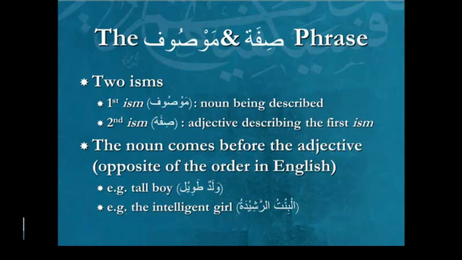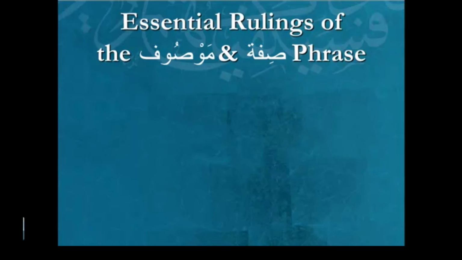So apart from knowing that the order is inverted, okay, that the noun that's being described is at the front and the adjective that does the description is delayed, the next important piece of information you need to know is that the 2 will correspond in 4 aspects. And that's it. Once we know these 4 aspects, we're done with this type of phrase. We can move on to the next one.